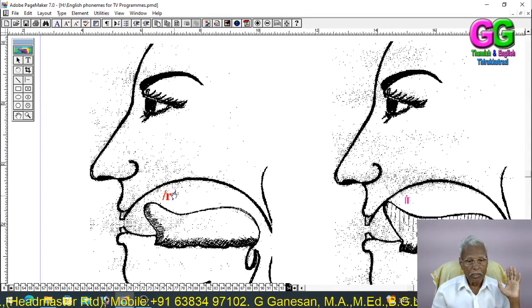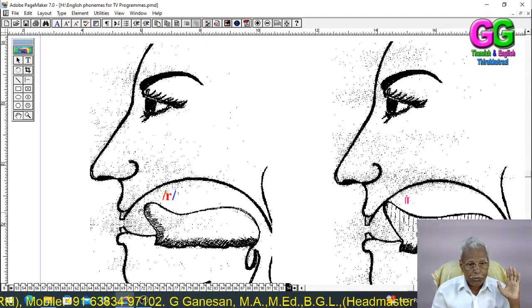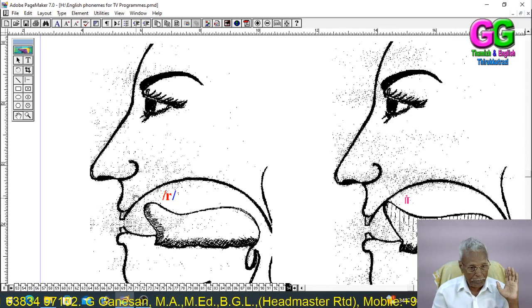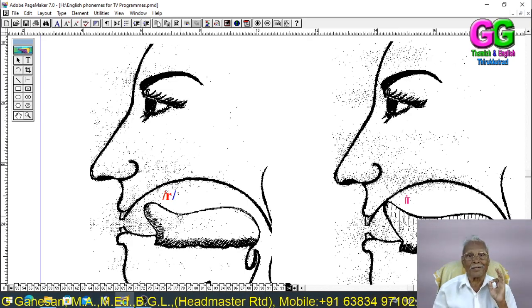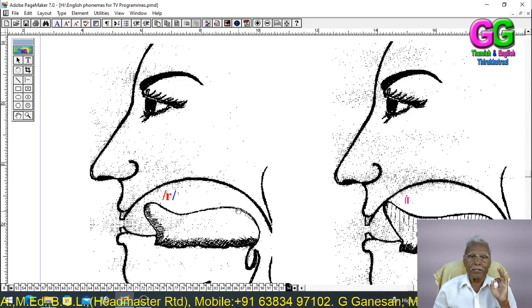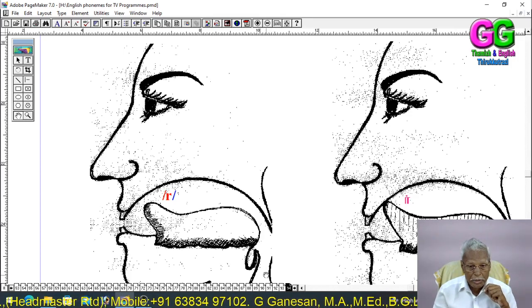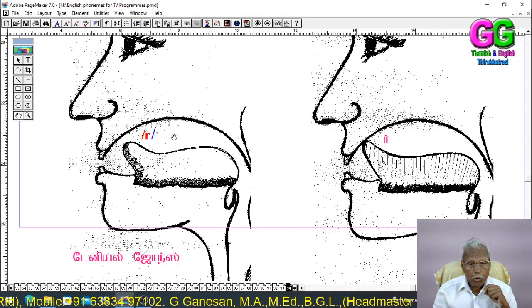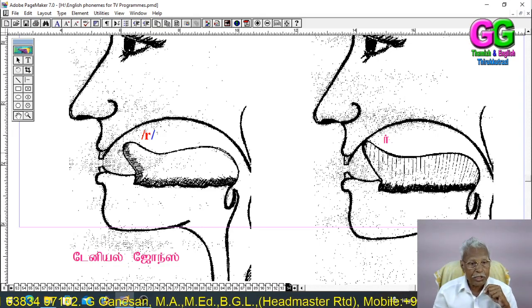Again, R is produced by keeping the tip of the tongue not close enough to the palate, lowering the central part of the tongue, narrowing the entire tongue, and allowing the air pushed out by the vocal cords to escape from the mouth.